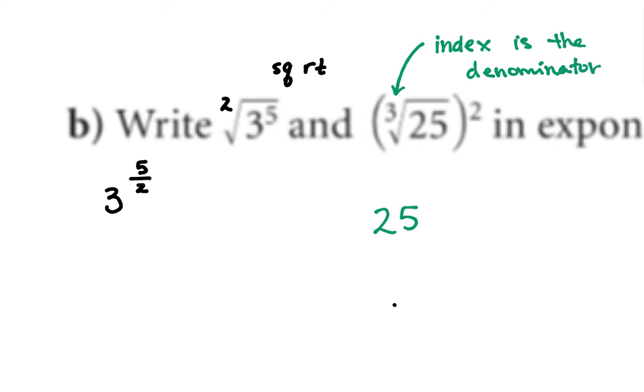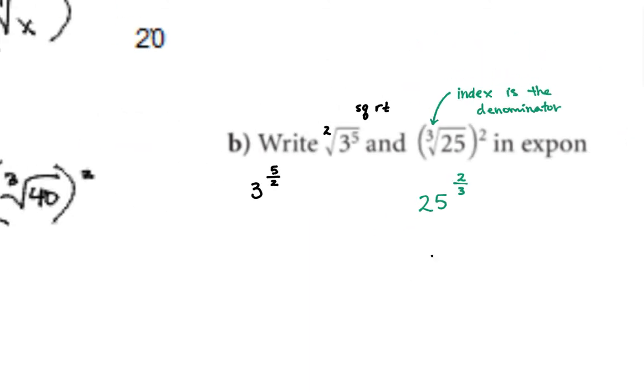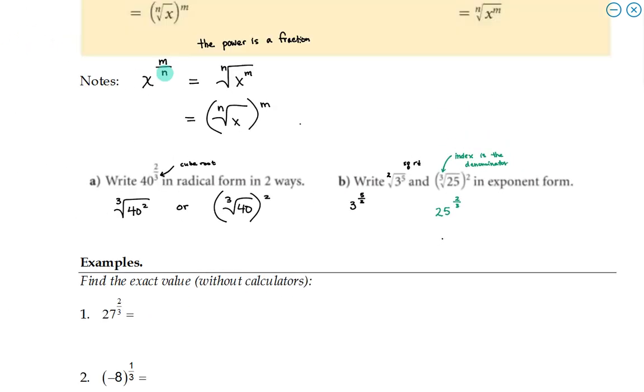So this is 25 to the power 2/3. The base is 25 and the exponent is 2/3. It's really bizarre to have a fraction as an exponent, but just bear with us and we'll get through this.